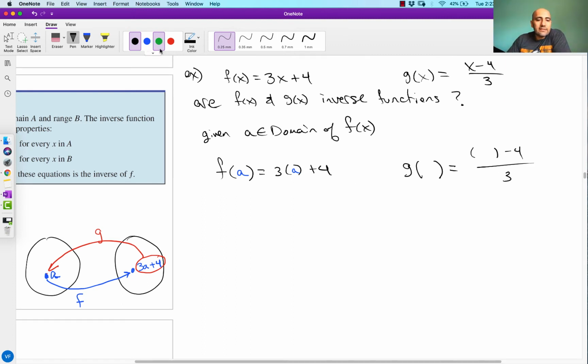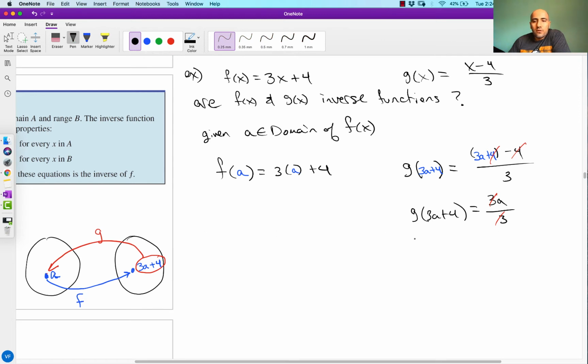And that blank is going to be the 3a plus 4. When I plug in 3a plus 4, the plus 4 and the minus 4 are going to cancel. And then I'll be left with g of 3a plus 4 equals 3a over 3. And then the 3's cancel.